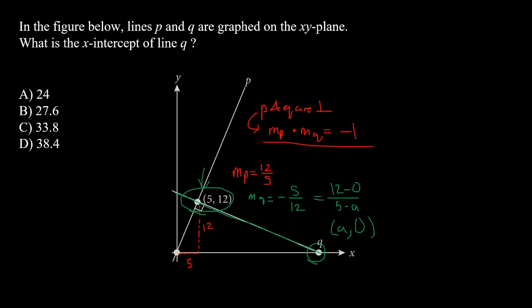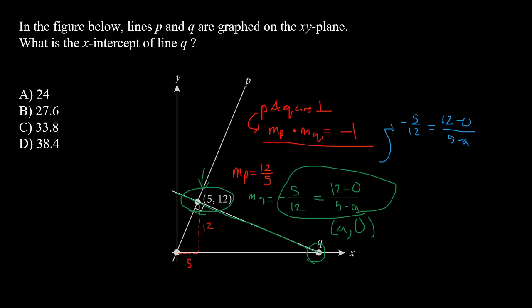And by the way, you can also switch it, you can have 0 be over here and 12 over here. It doesn't really matter. You're going to get the same answer no matter what. All right, so now let's write an equation to solve for a. -5 over 12 is equal to 12 minus 0 over 5 minus a.